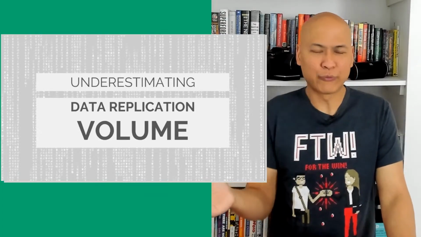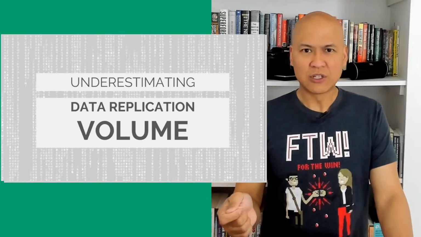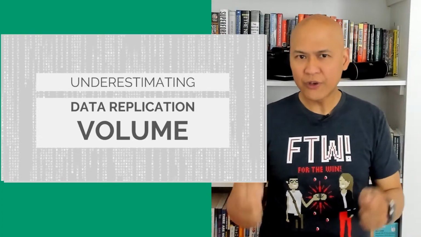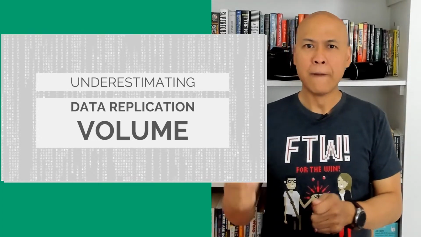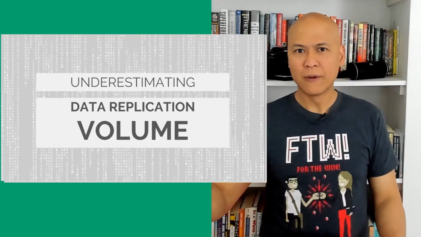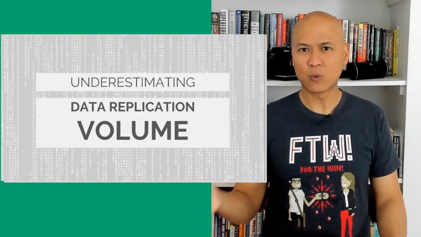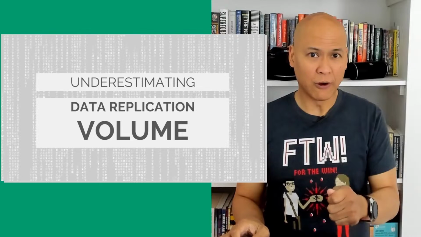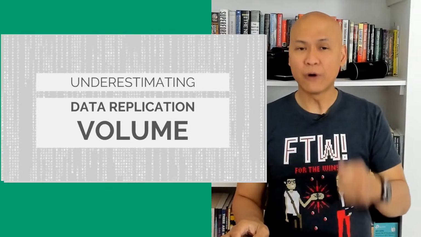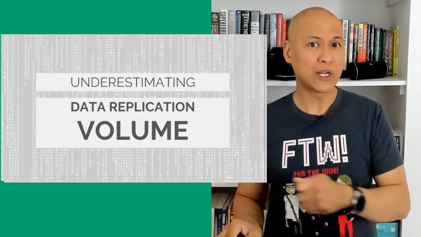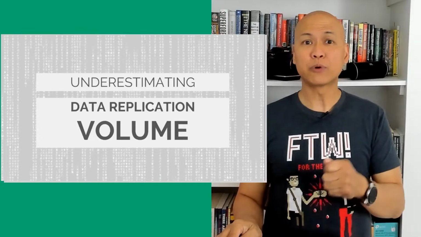If not, then you have to guess. But the challenge there is, I have to configure my always-on availability groups to send the data and replicate that data across the different replicas. And by default, it will use the same network adapter as what I call the production network adapter.